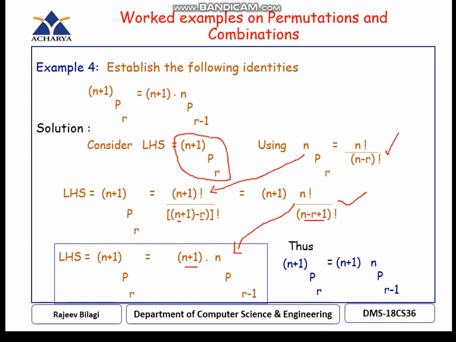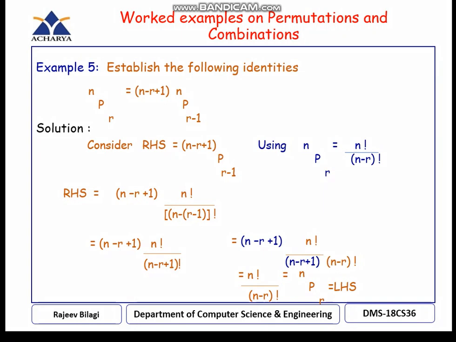So I can write this as (n + 1) into nP(r - 1). So similar kind of problem: nPr is equal to (n - r + 1) into nP(r - 1).